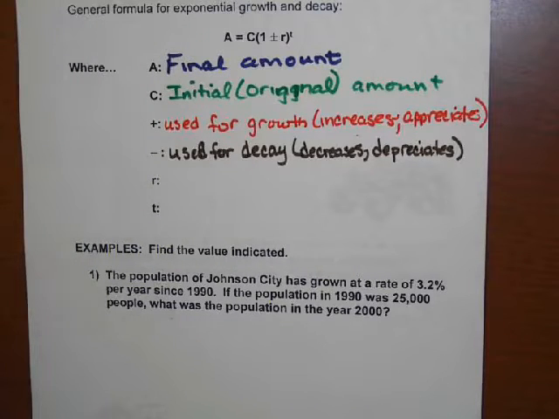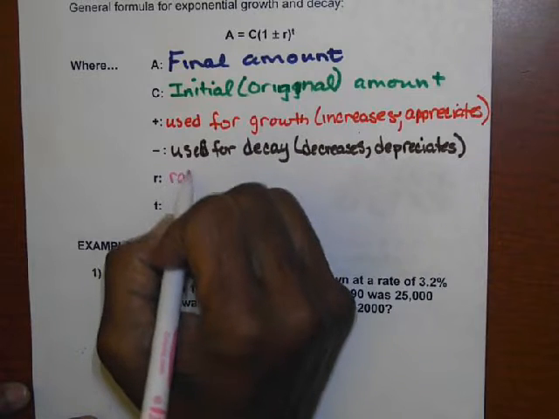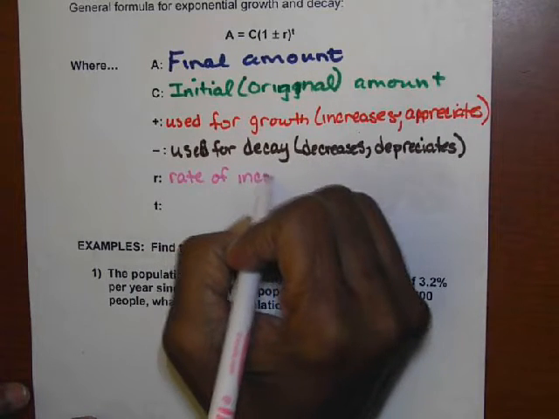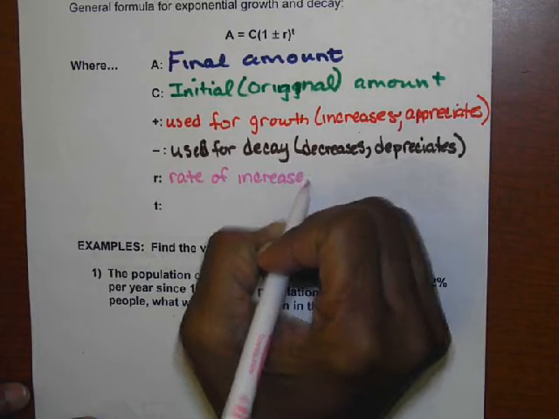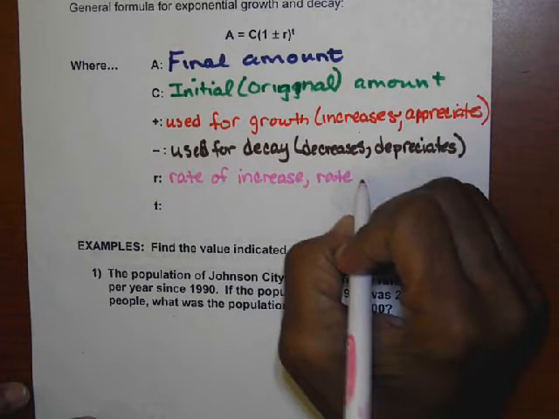The r is for our rate. So we're either going to have a rate of increase or we're going to have a rate of decrease.